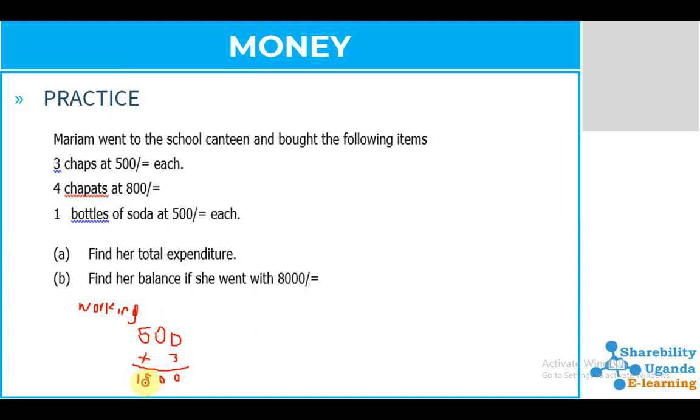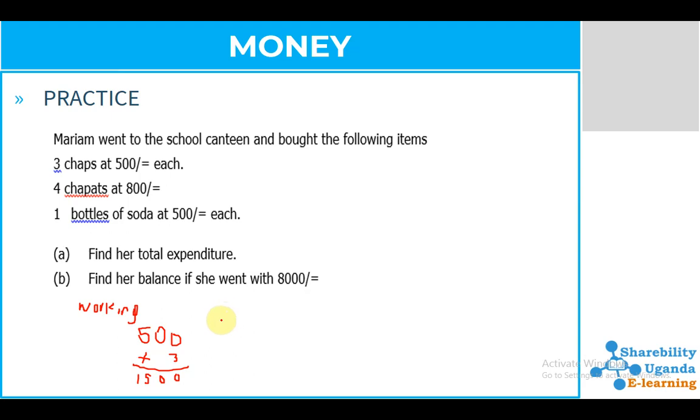So this means the cost of 3 chapati was equal to 1,500. Also, let's look at the cost of 4 chapati at 800.